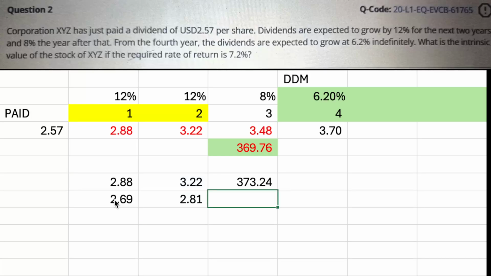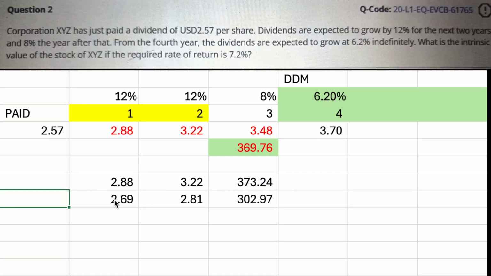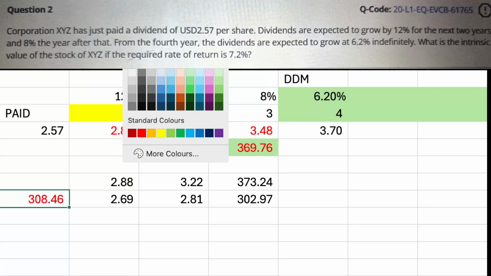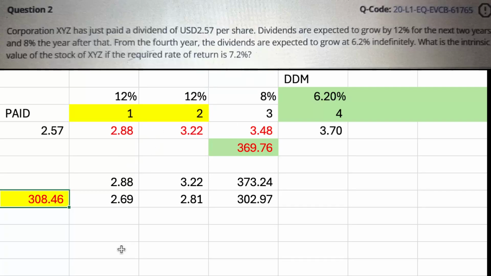And the last one is 373.24 divided by 1.072 to the power of 3. And the total of these three will be the answer to this question, which is 308.46. And that should be the answer.